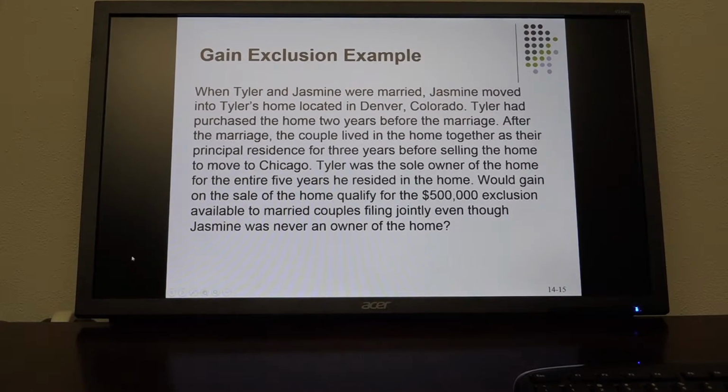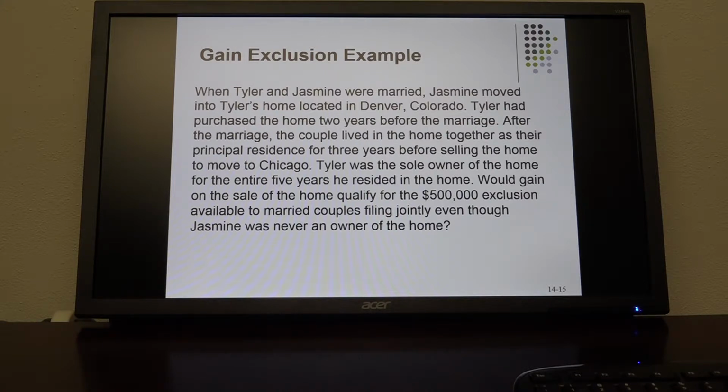And so, assuming they file married filing jointly, which is what this is about, would the gain on the sale of the home qualify for the $500,000 exclusion available to married couples filing jointly, even though Jasmine was never an owner of the home?